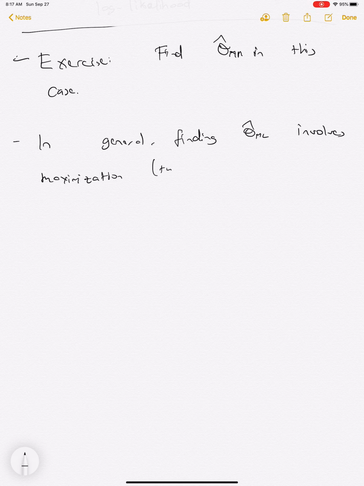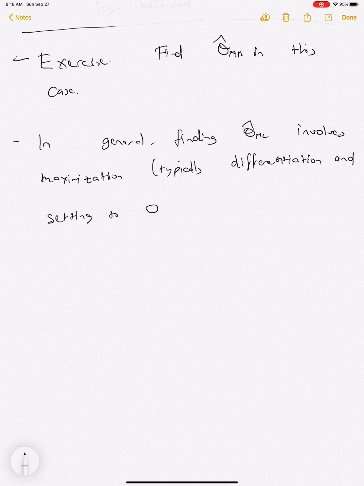And so this is typically differentiation and setting to 0. There was that one example involving the uniform from the previous lecture where the maximizer was actually at one of the endpoints, which meant that you weren't differentiating and setting to 0, but you were just picking one of the endpoints.